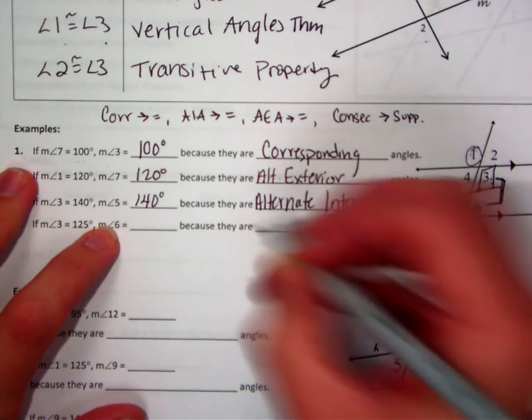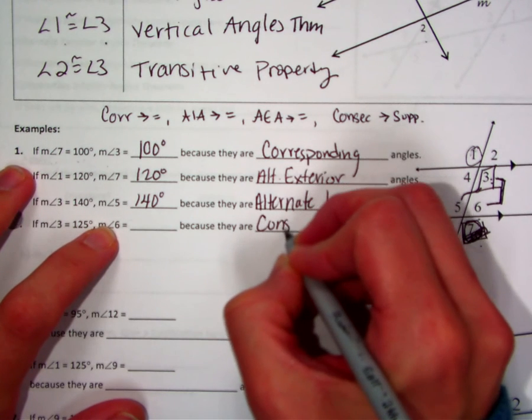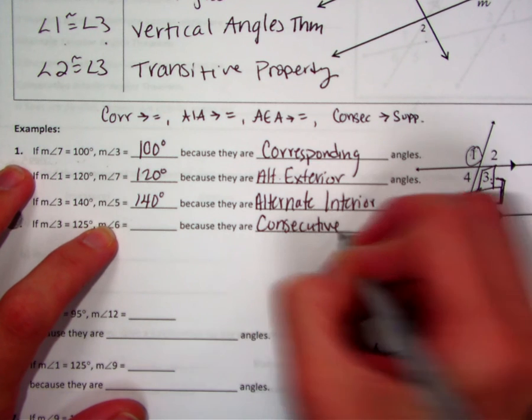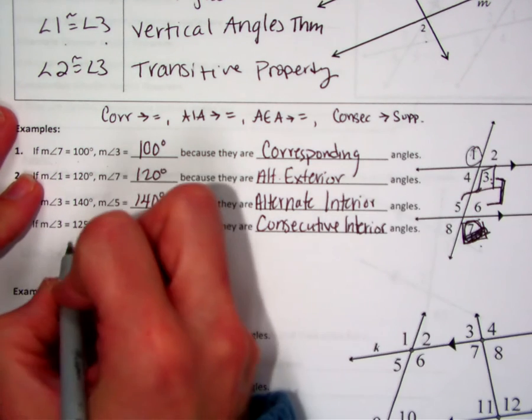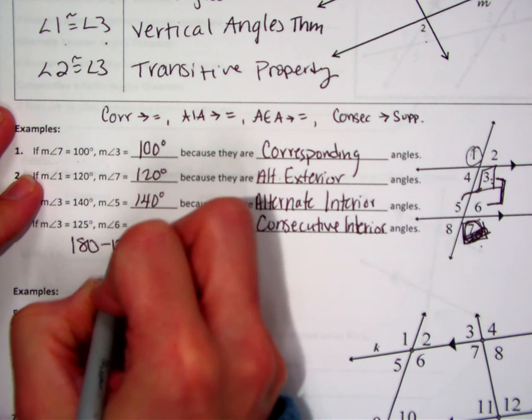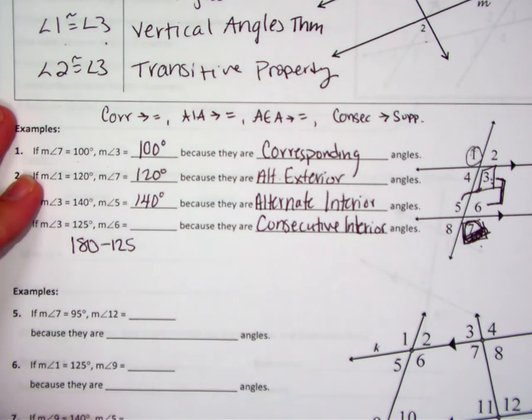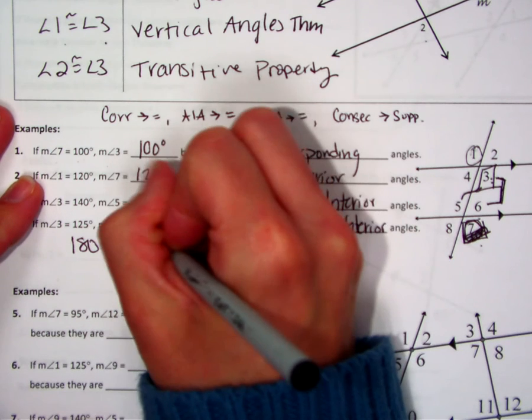So those two would be consecutive interior, which means they add up to 180 degrees. So I'd have to subtract 125 from 180 to get 55.